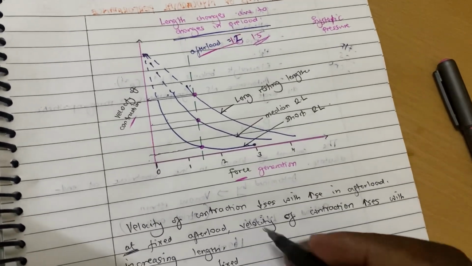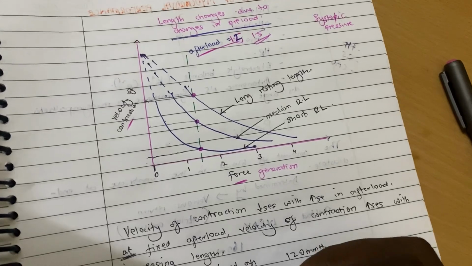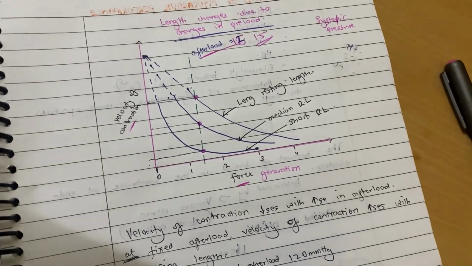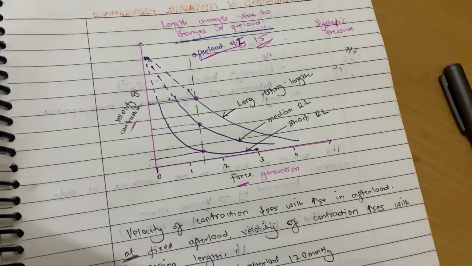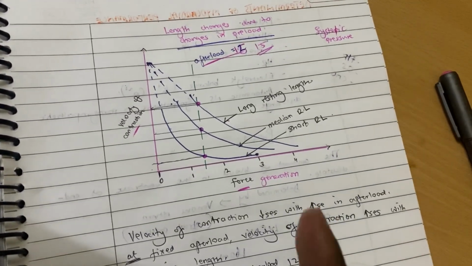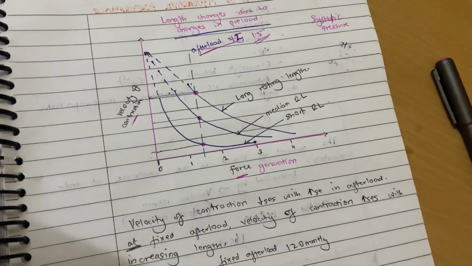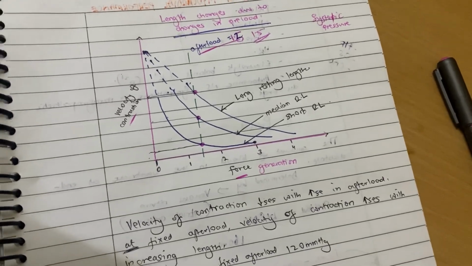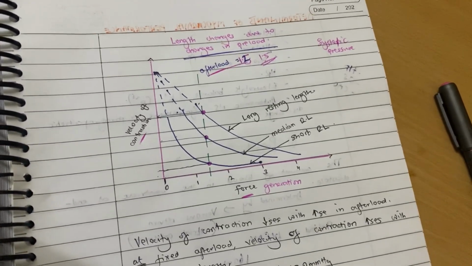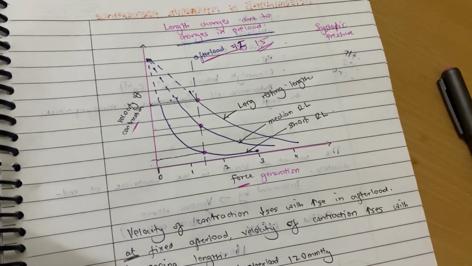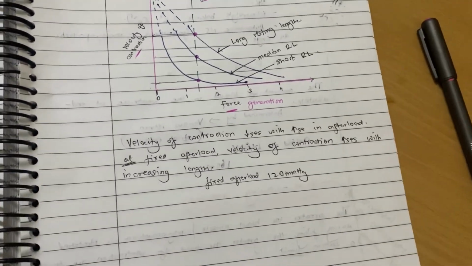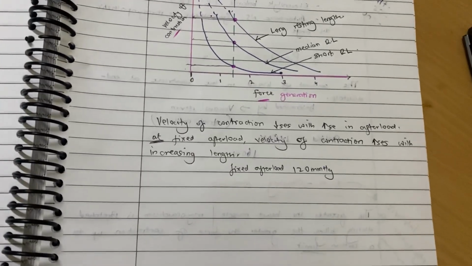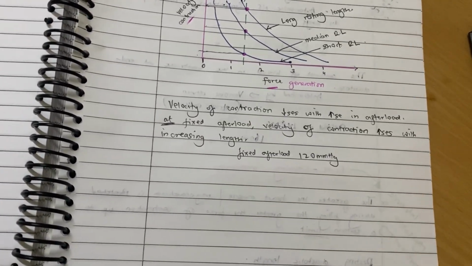Normal BP, fixed afterload at 120 systolic BP, aortic systolic BP. Increasing the preload, the amount of blood that enters the LV via the LA, will increase the force of contraction up to a certain limit, maybe 150 or 160, until when the force starts decreasing.